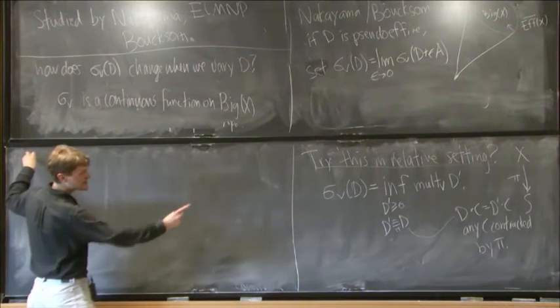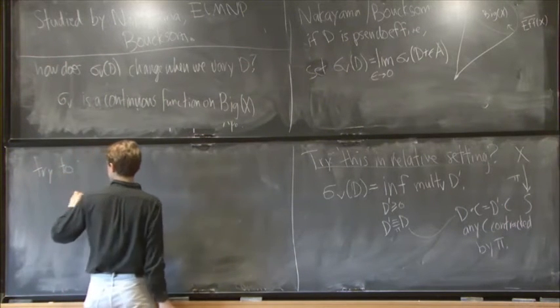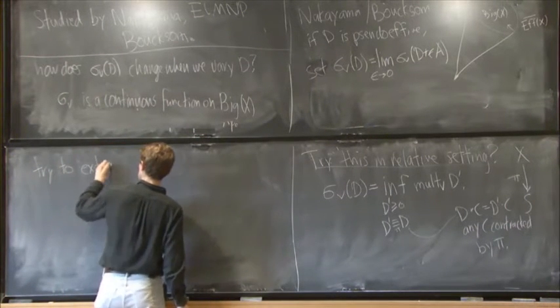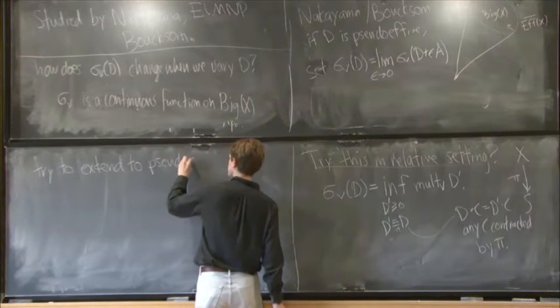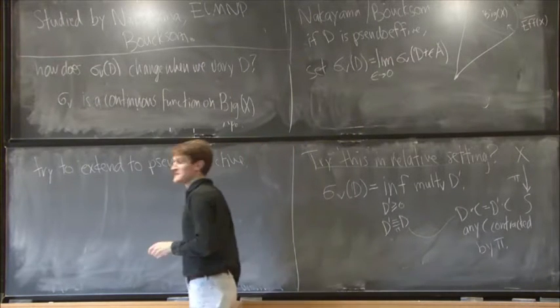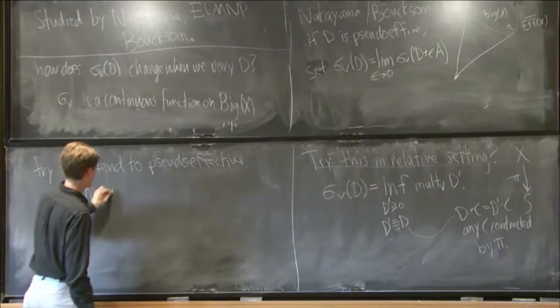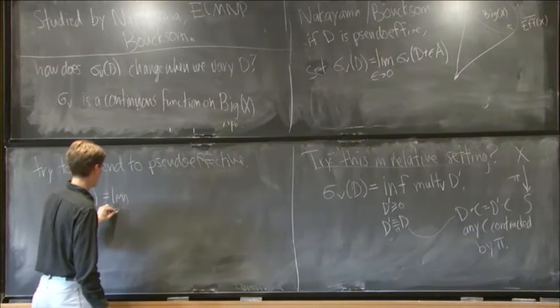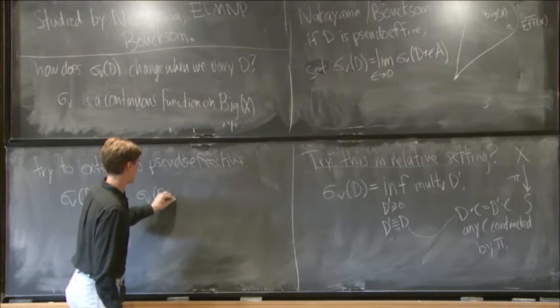This I should have said is for d relatively big, or d effective, say. And you can try the same thing. You can try to extend to the pseudo-effective boundary. So you're going to try to set sigma v of d to be the limit as epsilon goes to 0 of sigma v of d plus epsilon A.